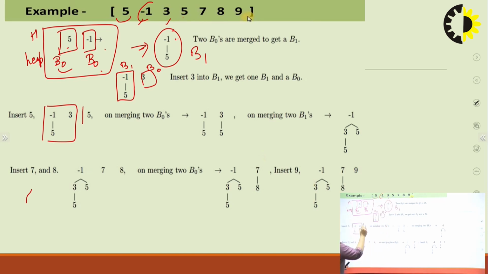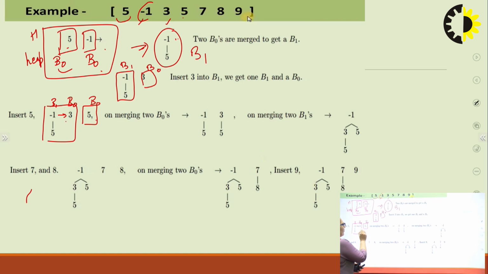Next value is 5. Now in our binomial heap we already have two trees, B1 and B0, and the value that we have to insert is 5, which is a binomial tree of order 0.